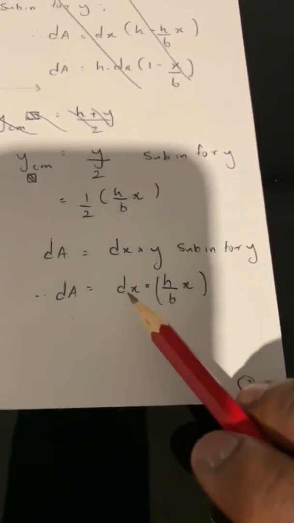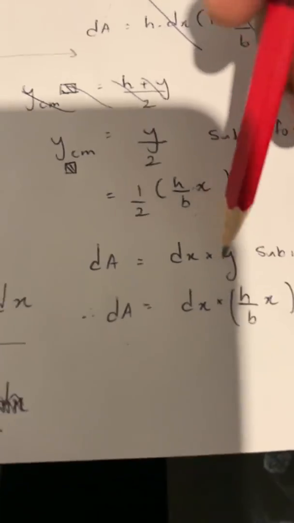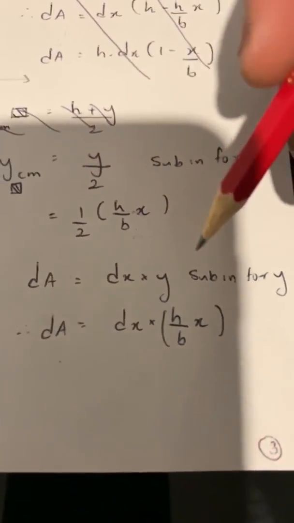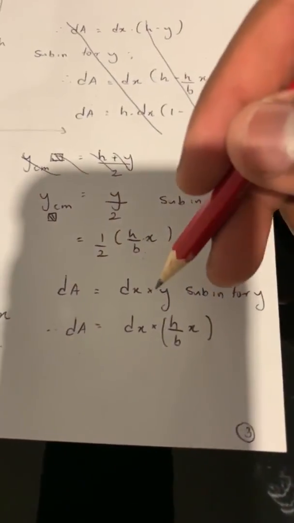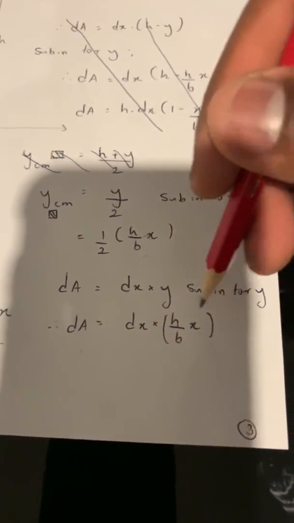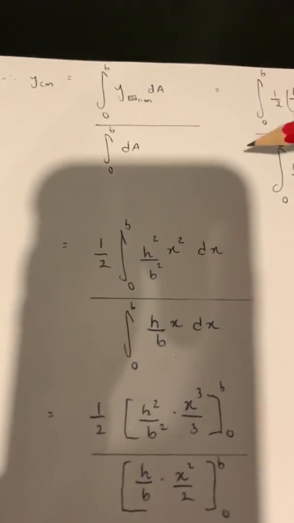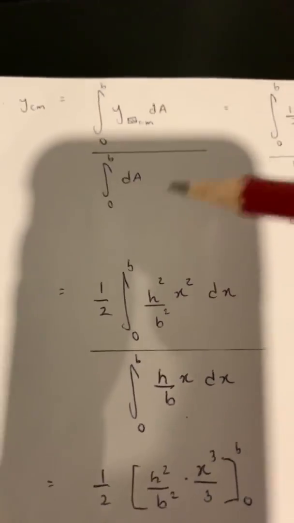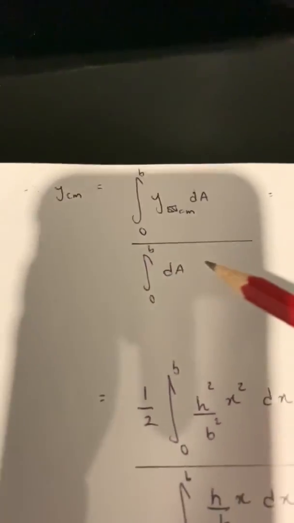Then we know dA, this shaded area, is dx times y. And sub in for y again, h on b x, get that value, and then you simplify. So this is the actual center of mass, the y coordinate.